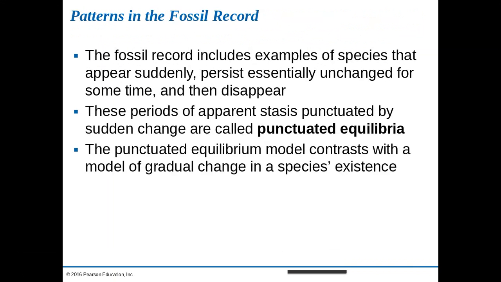Scientists call this period of a static, regular record with a sudden change punctuated equilibria. So we have periods of equilibrium, not a lot of change, and then it's punctuated by change. This contrasts with a model of gradual change in species existence.